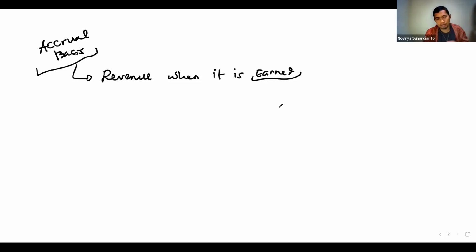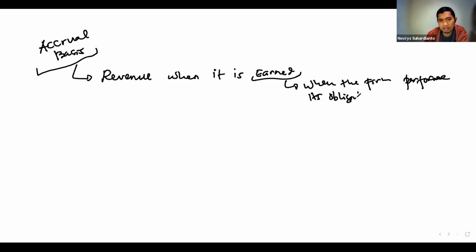So revenue is earned when the firm or the company performs its obligation to deliver goods or service. I hope you know what I'm writing.